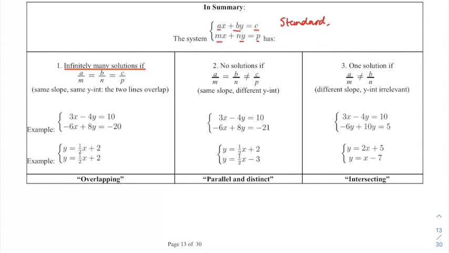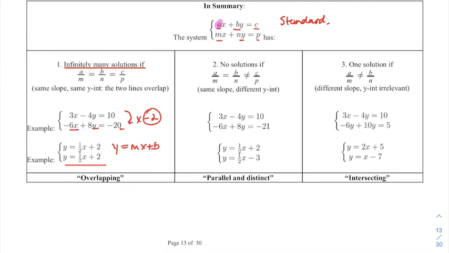So here are two examples. I can clearly see that the second line is times -2 of the first line, all three of the numbers. And when I write it in y equals mx plus b form, it's really obvious that they're the same line.